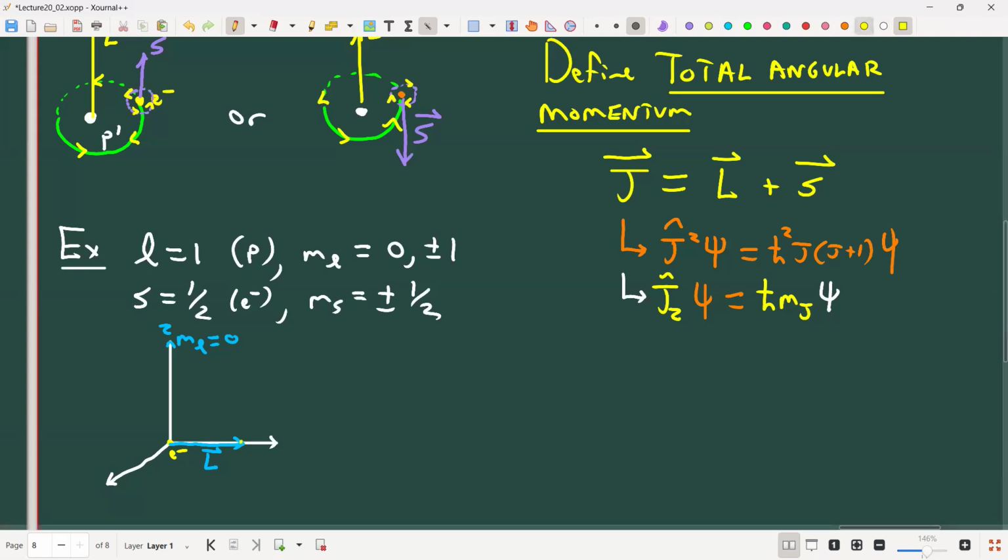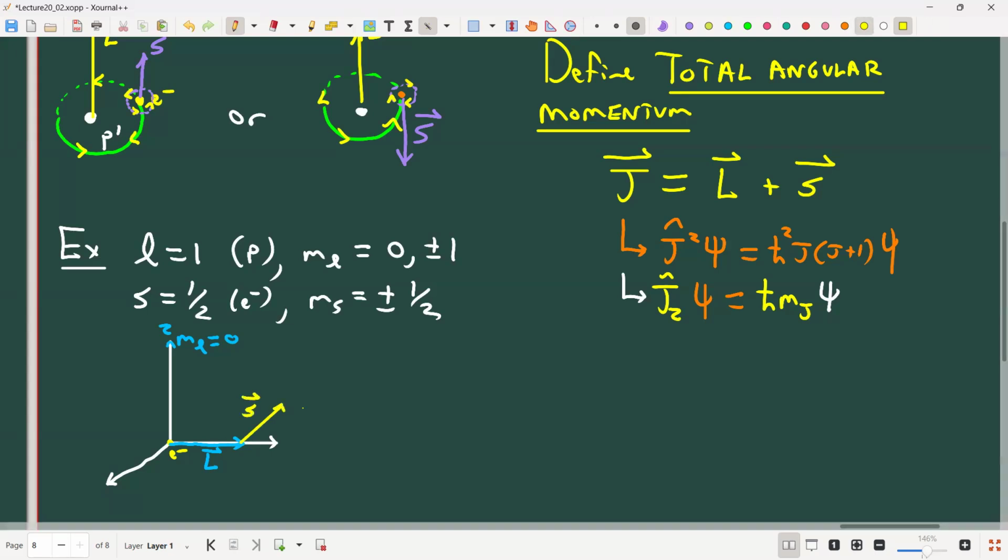So I could choose this one, this would be my S vector, and this is M sub S equals plus 1/2. But I could also add to it this vector, which is M sub S equals minus 1/2. I could pick either one.